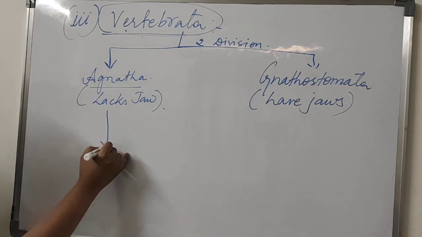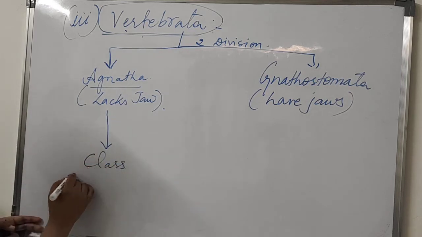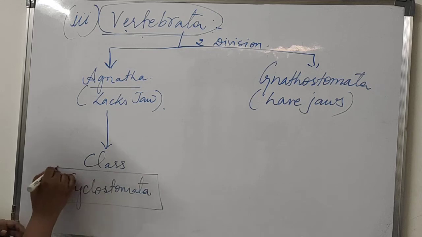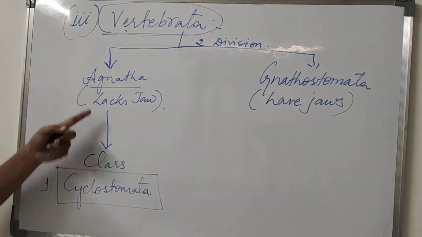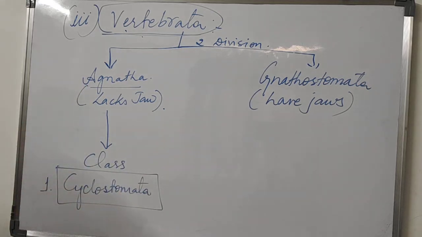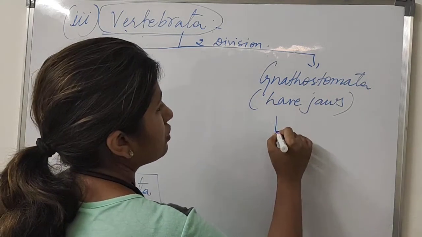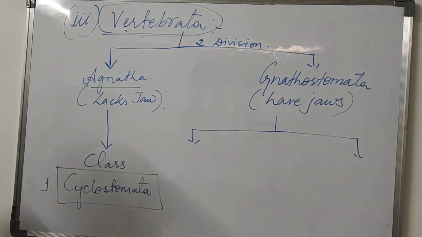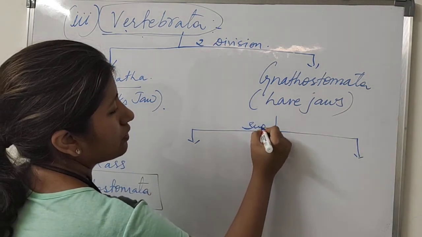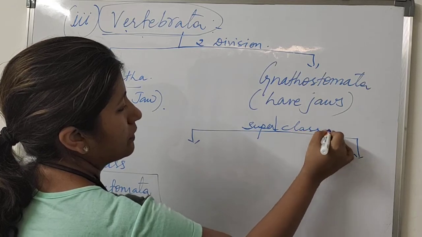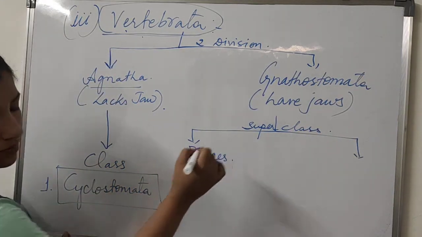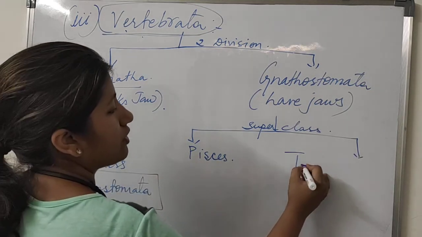Under Agnatha we have class Cyclostomata. This is class number 1 under Agnatha, Cyclostomata. Okay, and under Gnathostomata we have 2 superclasses, that is Pisces and Tetrapoda.